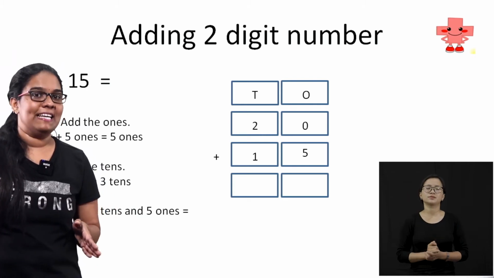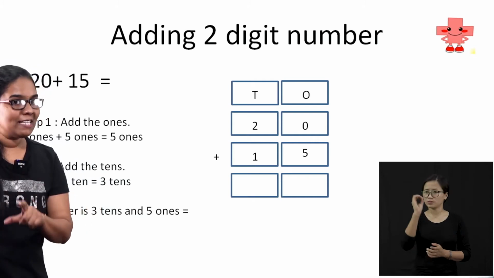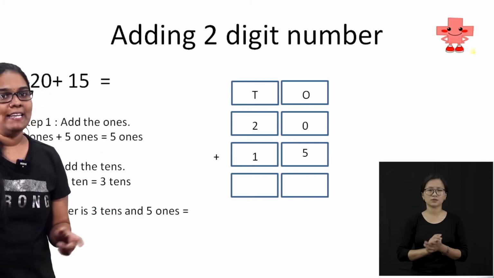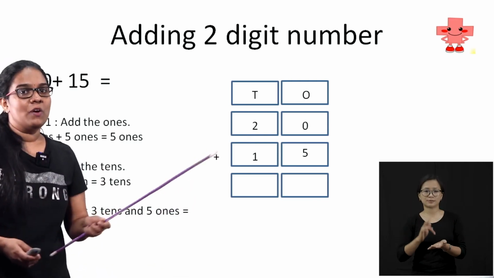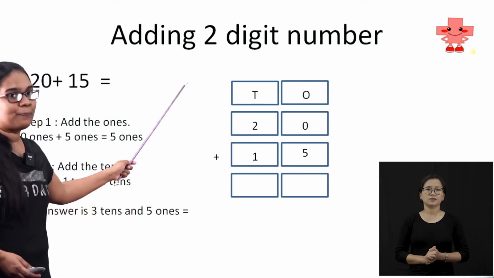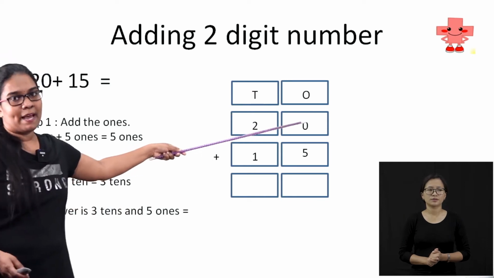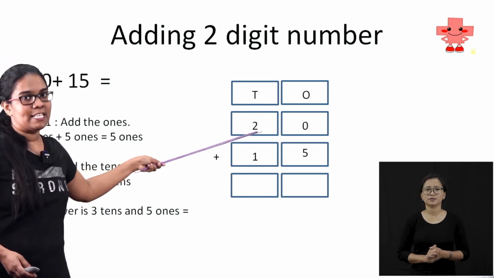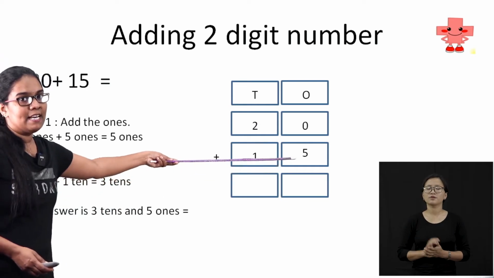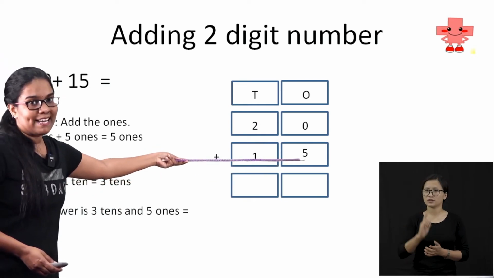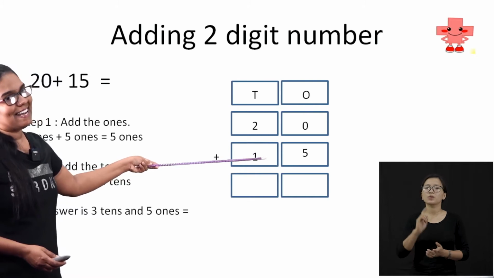In 20, 0 is in the ones place and 2 is in the tens place. Likewise, in 15, 5 is in the ones place and 1 is in the tens place.